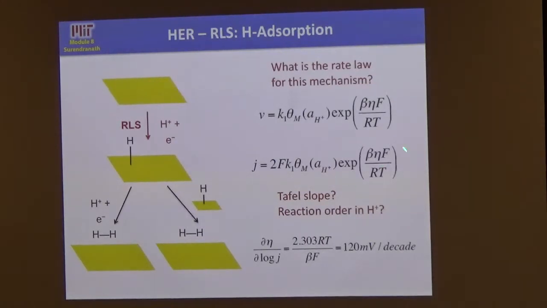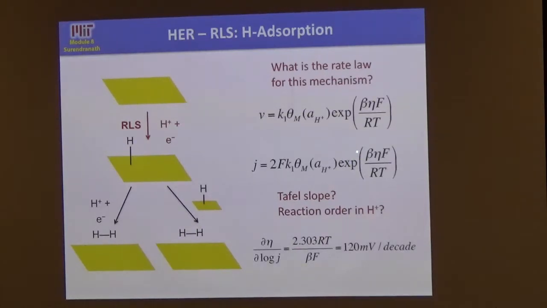And the log of this term simply becomes its exponent, beta eta F over RT. So if you take the derivative of eta with respect to log of j, by rearranging this expression in log form, you get this expression.